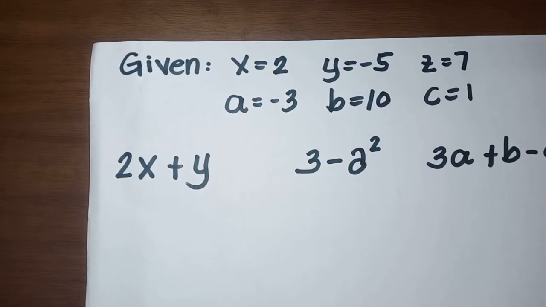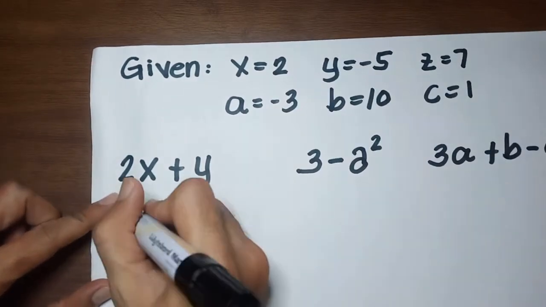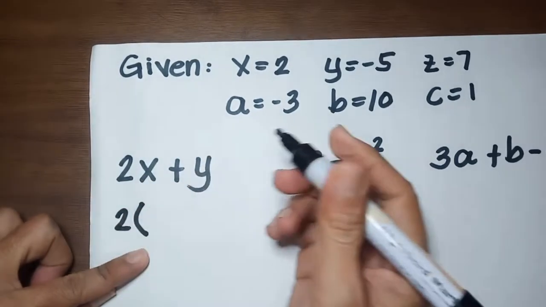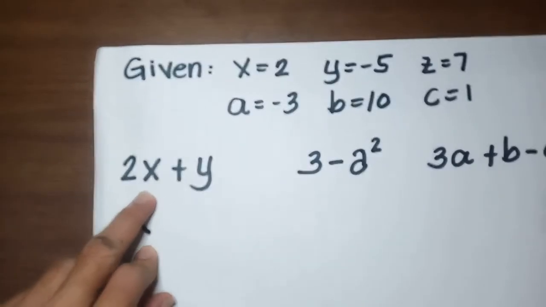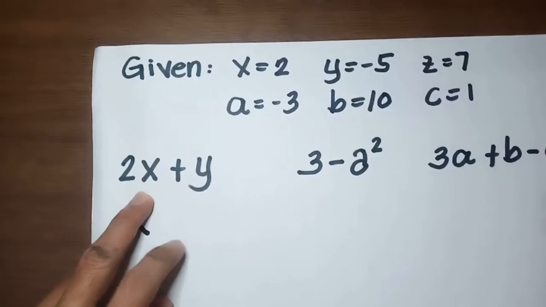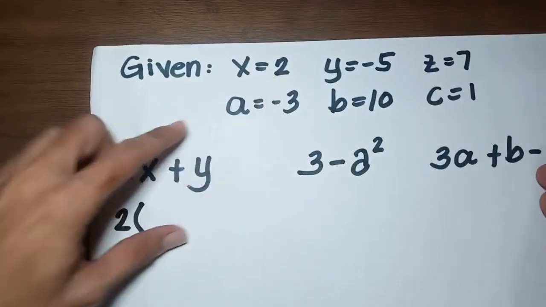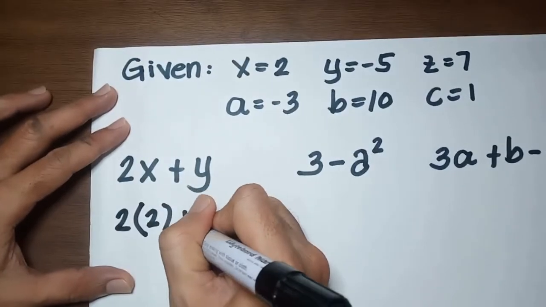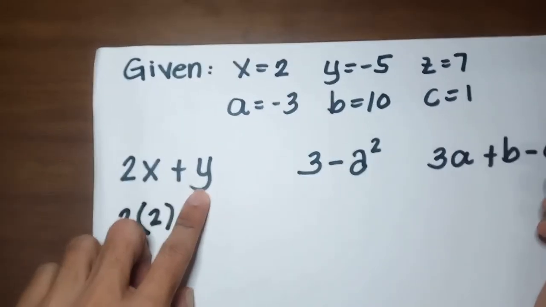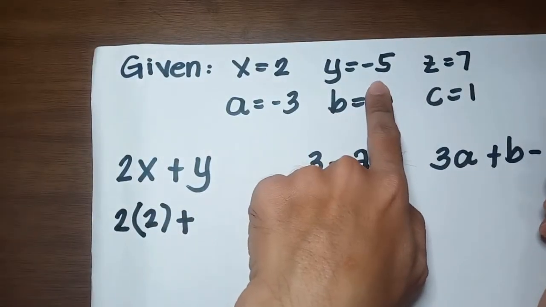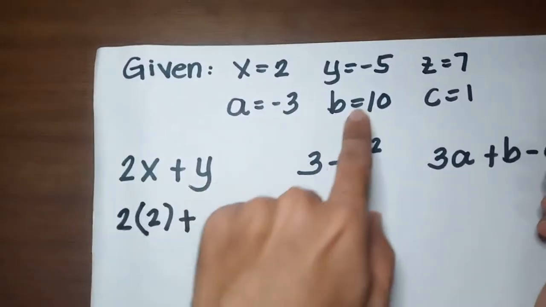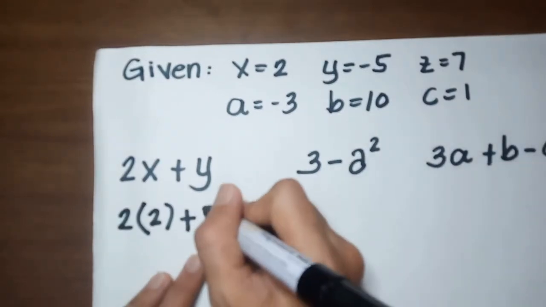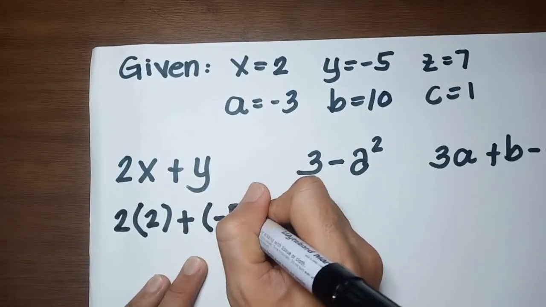We copy 2, then multiply 2. Since we have the x here, we will substitute the value of x, which is 2. So we will have 2 times x plus our y is -5. So instead of writing y, we change that with the value, which is -5.